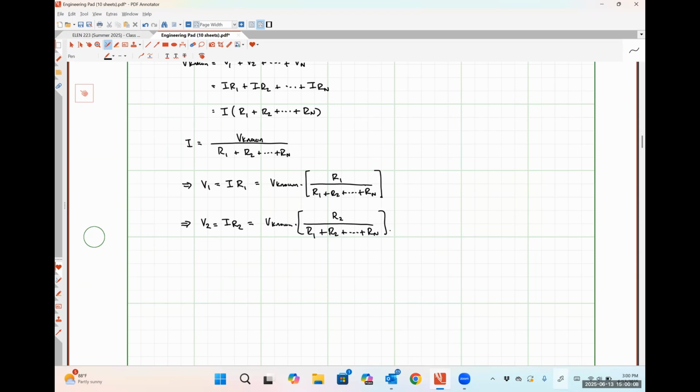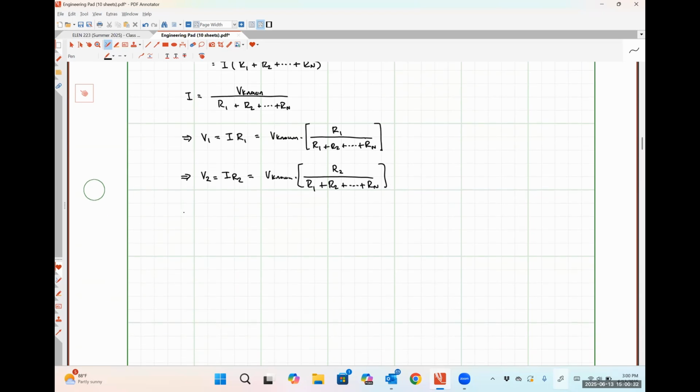And so hopefully we all can see the pattern that's happening here. But just in case you don't, I will explicitly spell it out. We're always going to have V known divided by the sum of all of the resistors in series, and then in our numerator is just going to be whichever resistor we are interested in.